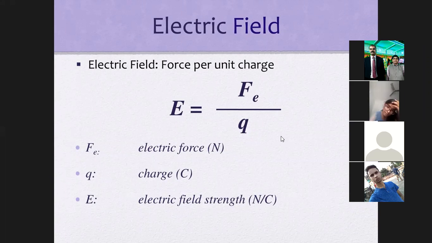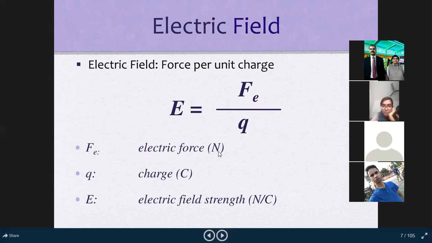In the same way, electrical force experienced by unit positive charge is called the electric field of the source charge. So here, force Fe has SI unit Newton and charge q, this is the test charge, has SI unit Coulomb. Therefore, electric field will have SI unit Newton per Coulomb. Okay.